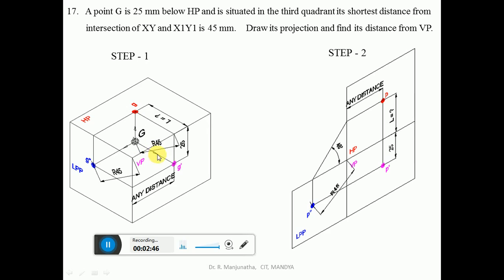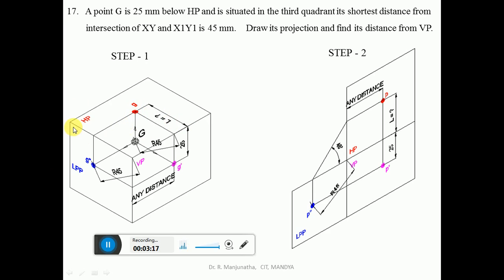Once you know the distance, when it is projected onto the top view, we can find out L, which is the distance behind VP. This is how we can analyze this problem in three dimensions, for the shortest distance in the third quadrant. Now when we cut it here and open the horizontal plane to the top and the LPP to the left side, the images in the respective planes will also get rotated.